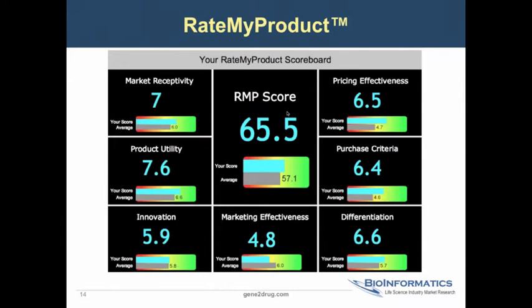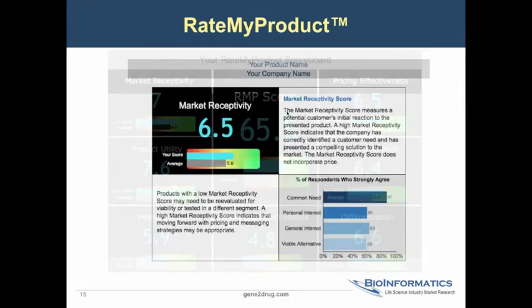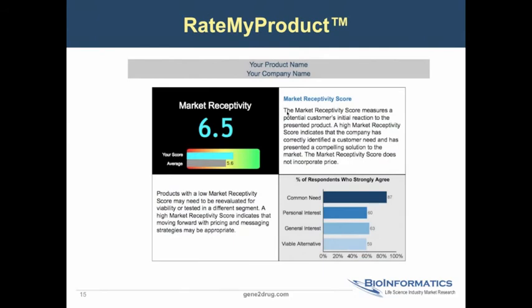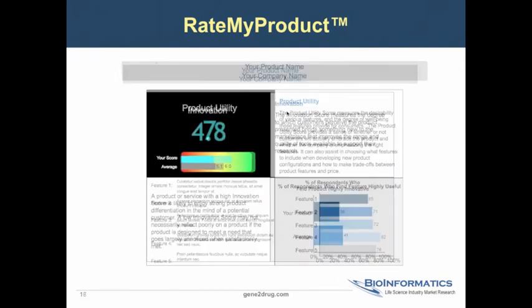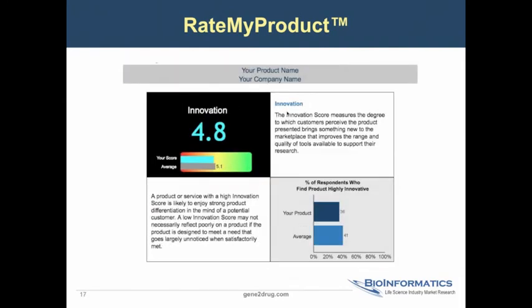So let's take a quick look at the individual scores. A high market receptivity score indicates that your company has correctly identified a customer need and has presented a compelling solution to the market. The product utility score measures the desirability of various features. The innovation score indicates whether or not customers feel the product brings something new to the marketplace.